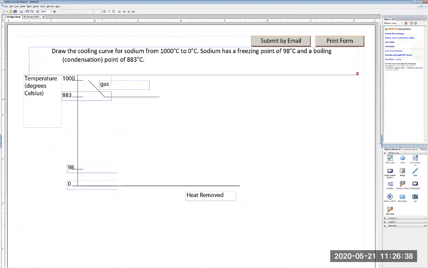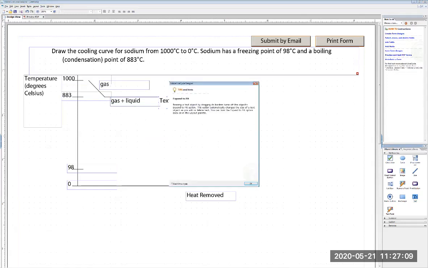All the heat that is removed is making the gas become a liquid. And so all that time when the temperature doesn't change, you have a mixture of gas plus liquid. And the temperature cannot change until you have changed all your gas into a liquid. And once all the gas is liquid now, then the temperature can decrease again.